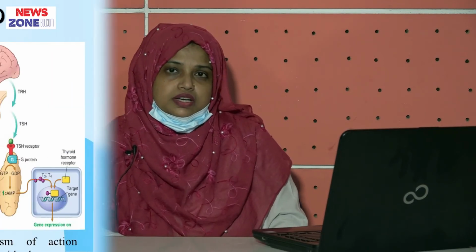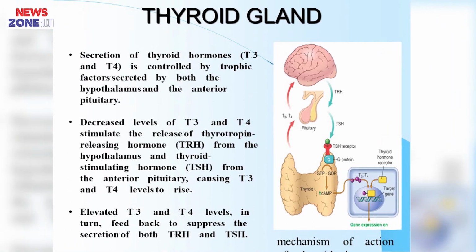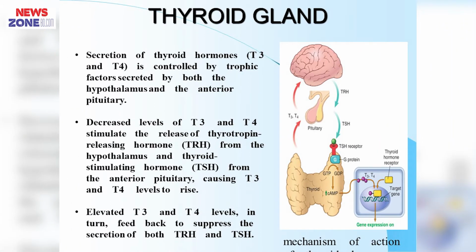Now, how is this thyroid hormone regulated in our body? Secretion of the thyroid hormones, T3 and T4, is controlled by trophic factors, which are secreted by both the hypothalamus and the anterior pituitary.